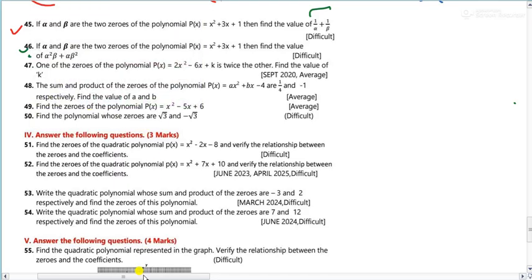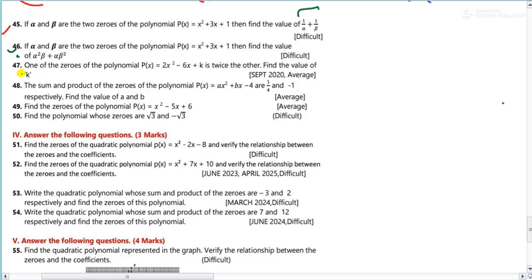Okay, so let's start. Question number 47, what does it say? One of the zeros of the polynomial is twice the other. Find the value of k.